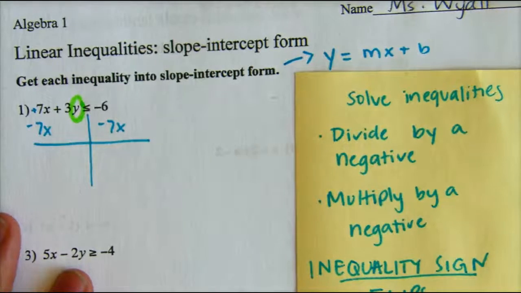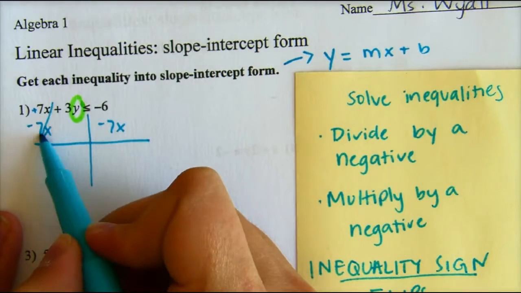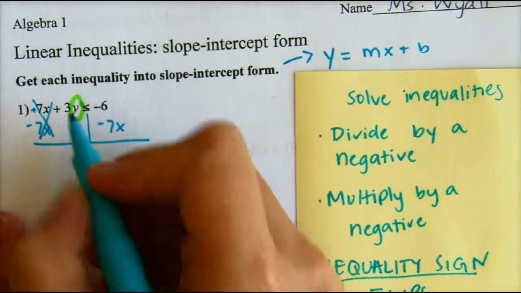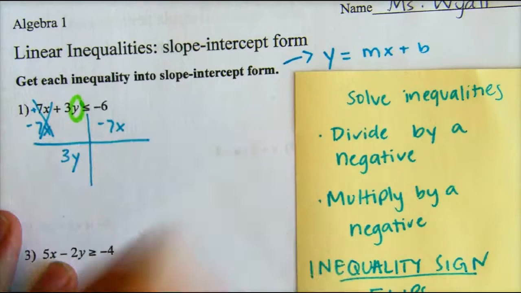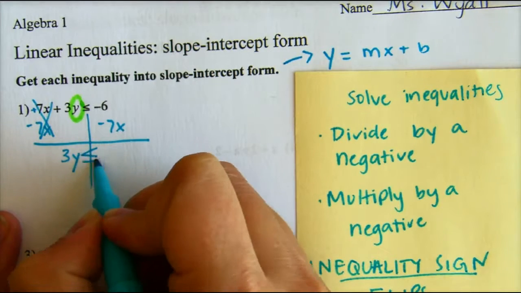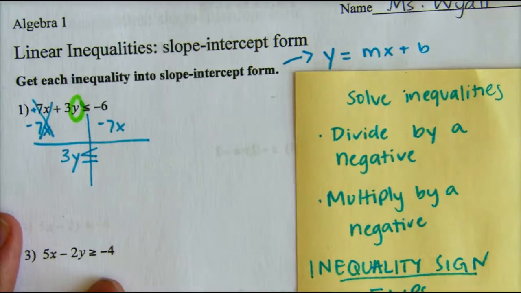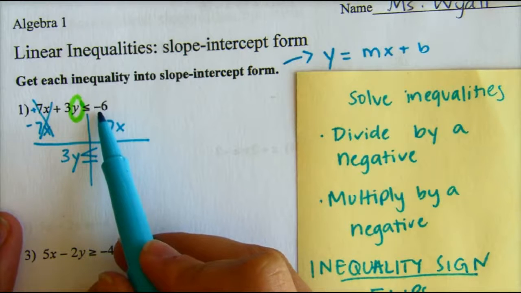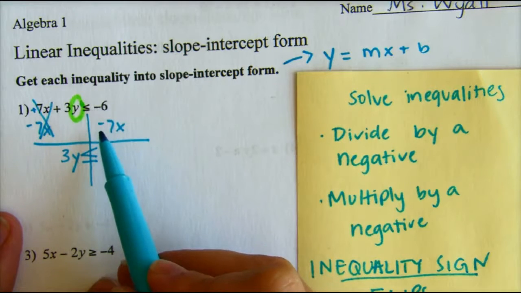Okay. When I do that, my plus 7x minus 7x cancels out. I'm going to bring down this 3y. I'm also going to bring down my inequality sign. So I have a less than or equal to. Over on this side, I have a negative 6 and a minus 7x.